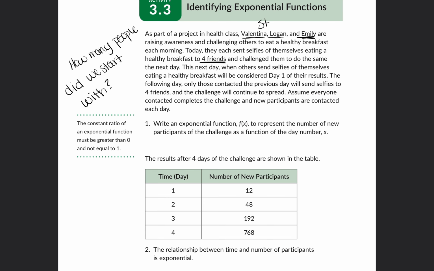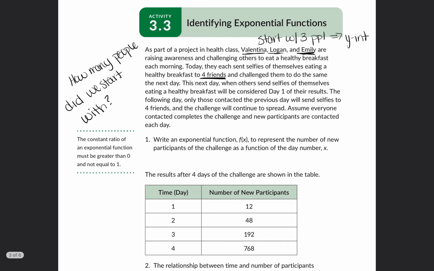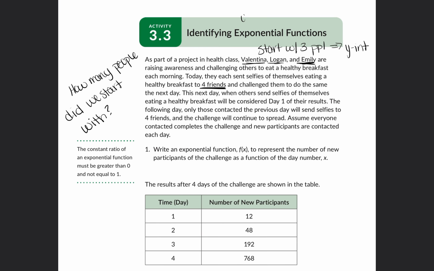So we started with 3 people. So that would actually be my y-intercept because my y-intercept is where I start. Okay? And remember, to recap, exponential, my equation is y equals a parenthesis b with an exponent of x.